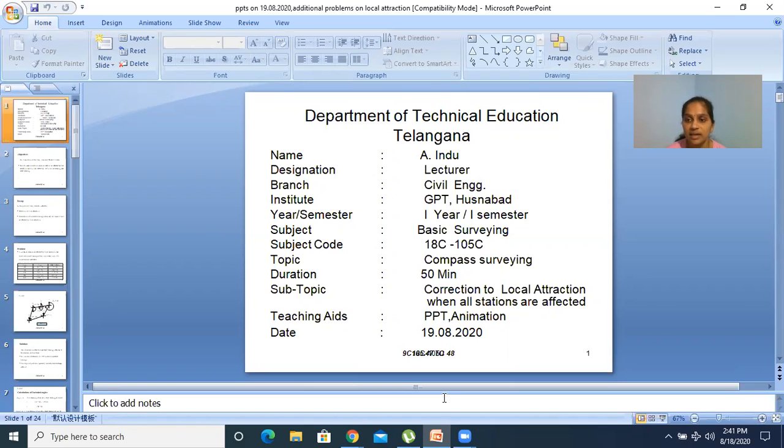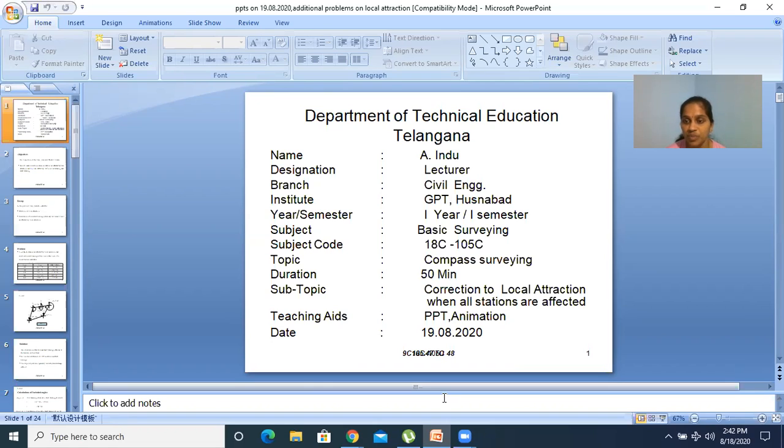In the direct method, we first compared the forebearing and back bearing of all lines. The line whose forebearing and back bearing differ by exactly 180 degrees is free from local attraction. We took that as the reference, and then applied the correction to the affected bearings.